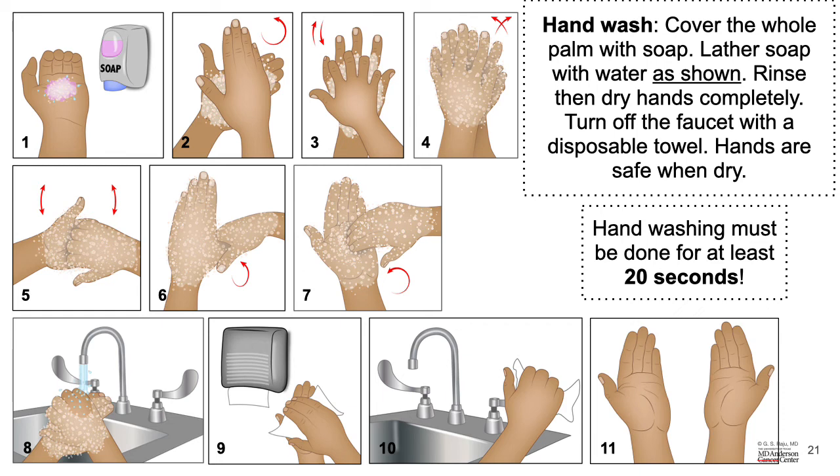This is what it takes to clean your hands and get rid of any bacteria or viruses that you may contact by touching on different surfaces. And this will protect you from getting infected.